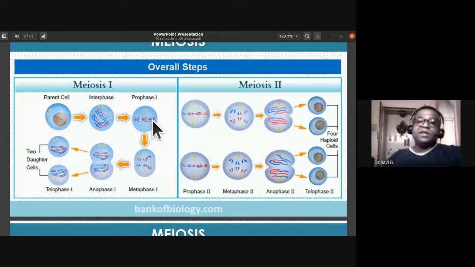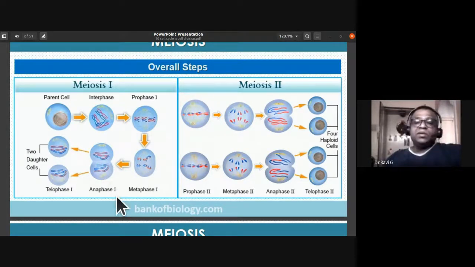This prophase one enters into metaphase, where the chromosomes are arranged at the equatorial plate. So the homologous chromosomes are separated and they move towards the opposite poles. So there is no splitting up of the centromere longitudinally and there is no separation of sister chromatids. Rather, the homologous chromosomes move towards the opposite poles in anaphase one.